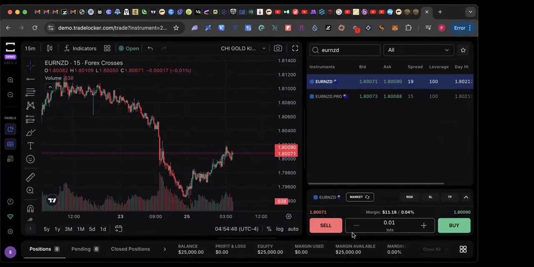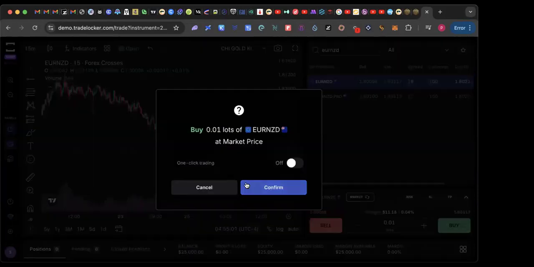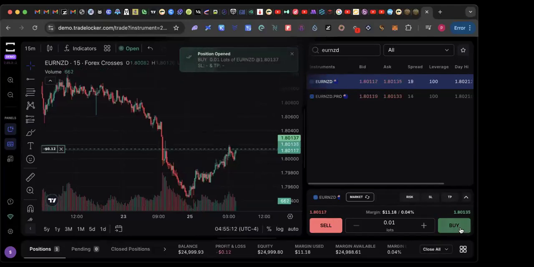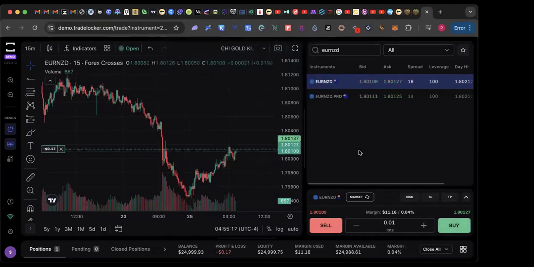Let me take a very small 0.01 and then I click on buy. Now, if I want to do one click, I can turn this on, right? And if I click on one click, can you see now? It will take the trade immediately. That's the difference.